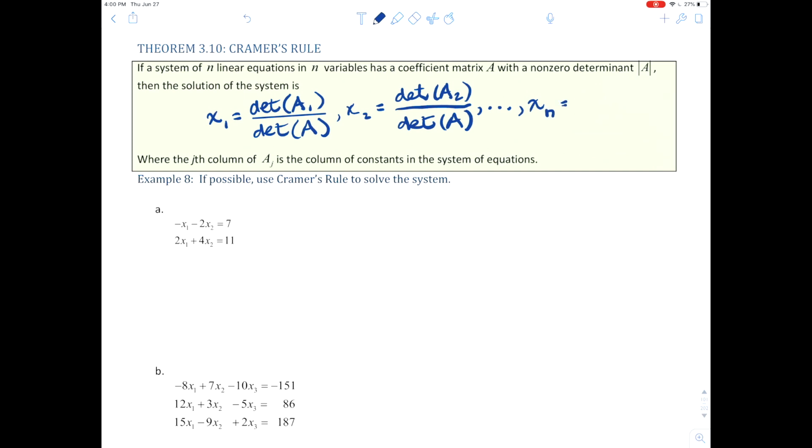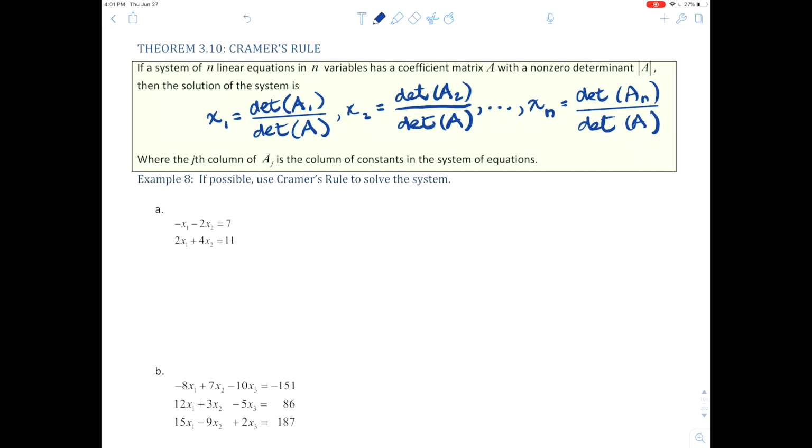What do you think xn will be? Beautiful. The determinant of A sub n over the determinant of A, where the jth column of A sub j is the column of constants in the system of equations.